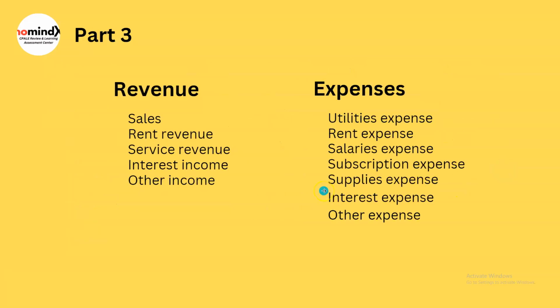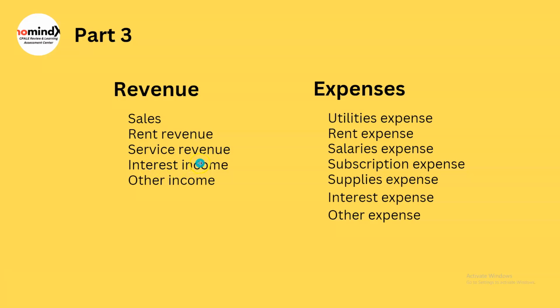Okay. Now, on the other hand, the revenue and expenses. For the revenue, these are the examples. Sales. If you are providing rent, that's a rent revenue. Providing service like laundry, that's a service revenue. You can call that laundry service revenue. If you have some machine, or like a vulcanizing shop or a repair shop for cars, you can call it repairs service revenue.